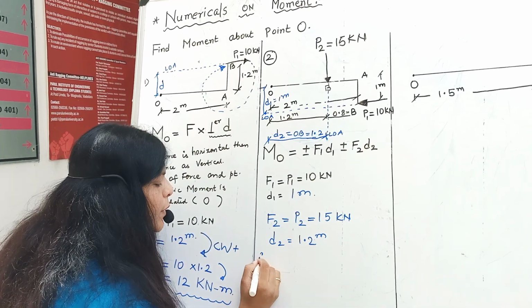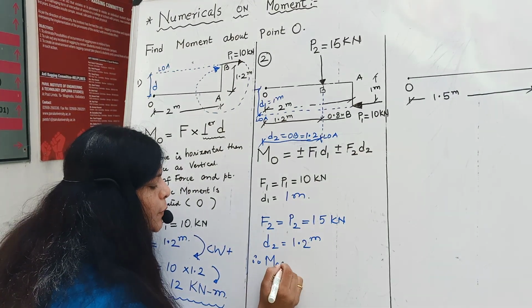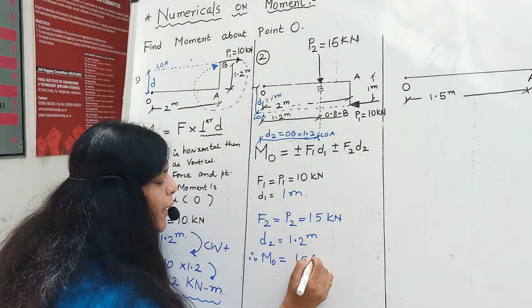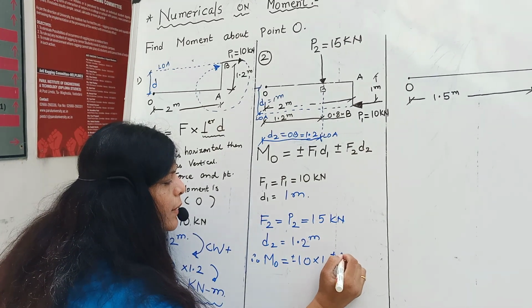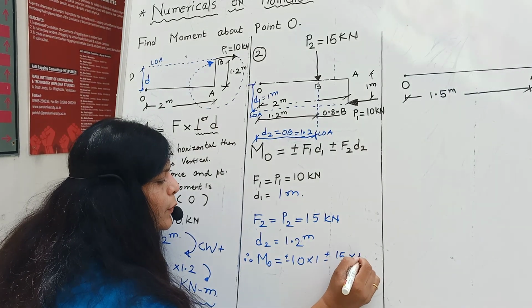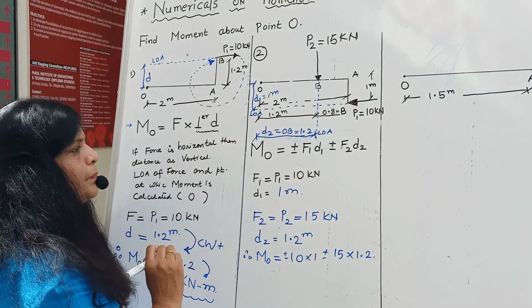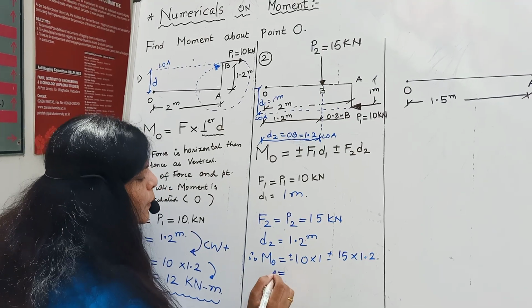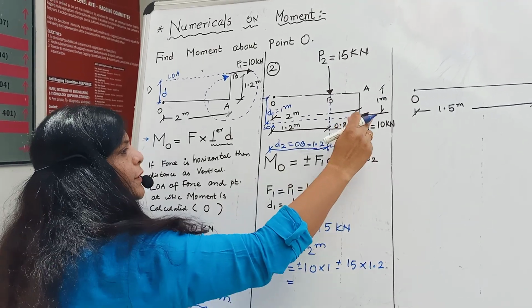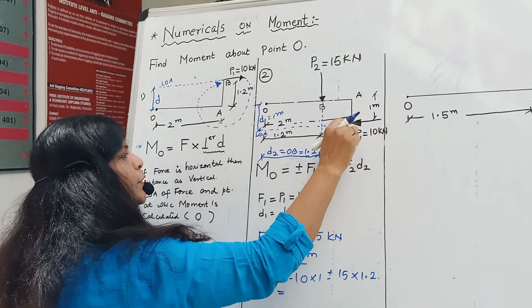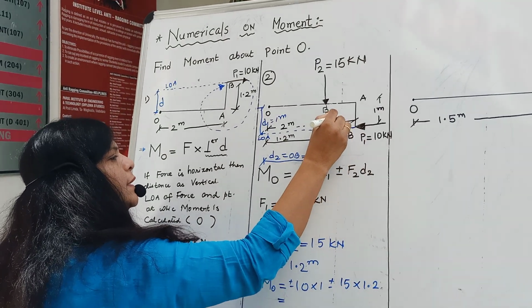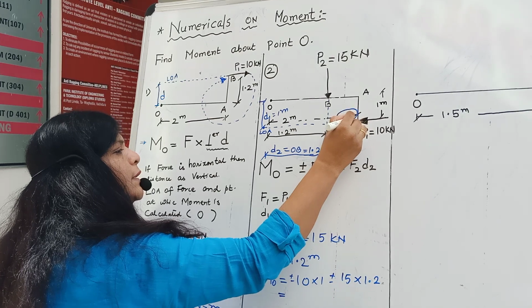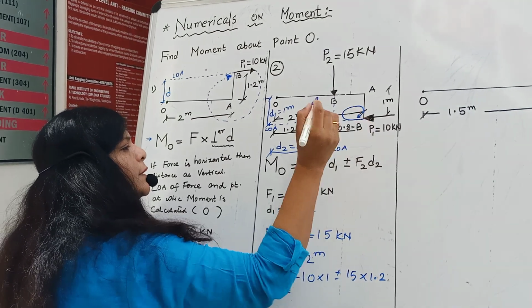So therefore moment about O is equal to 10 into 1 plus or minus 15 into 1.2. Now is it clockwise or anti-clockwise? So we start with the first. Okay, if I want to go to point O, how will I rotate or form a circle? I will form a circle in a clockwise direction.